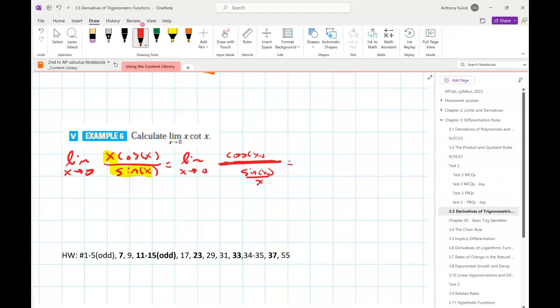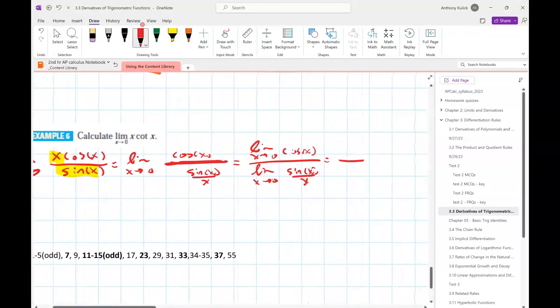So what can I do now? Well, I can use my limit laws and take the limit of the top over the limit of the bottom. And I know this is okay to do because what's the limit of the bottom? Not 0, right? It's 1. What's cosine of 0?